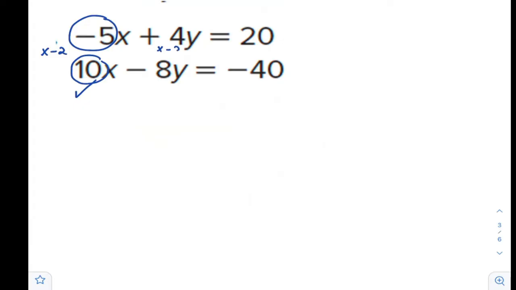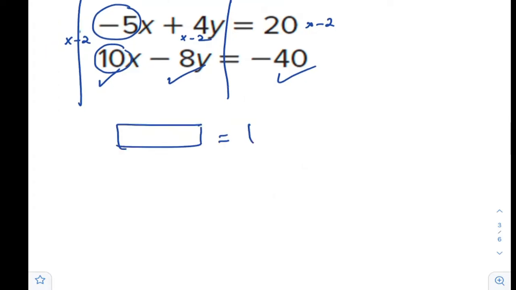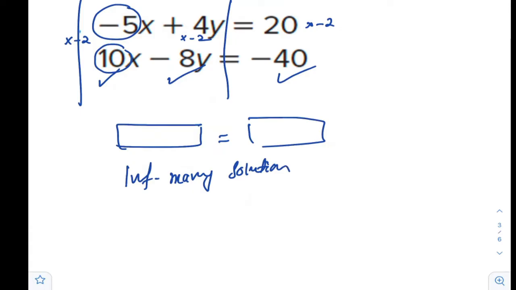If you multiply 4 by minus 2 is negative 8, right? So until now, everything is correct. If you multiply the 20 by negative 2, this is also correct. That means this side is always equal to that side. And that means we have infinitely many solutions. That means both equations represent the same line. They are coinciding to each other.